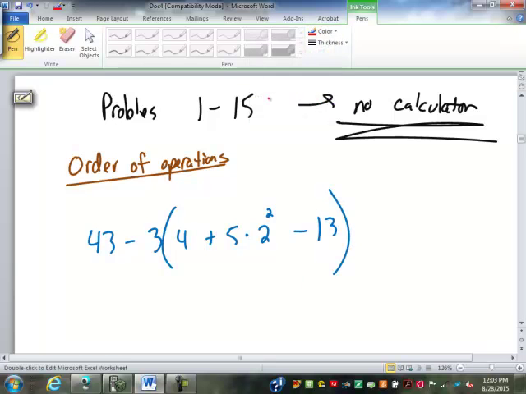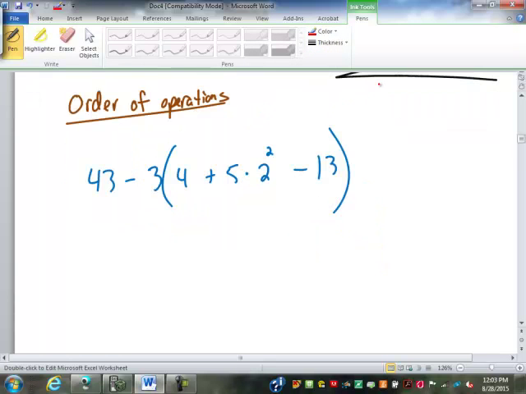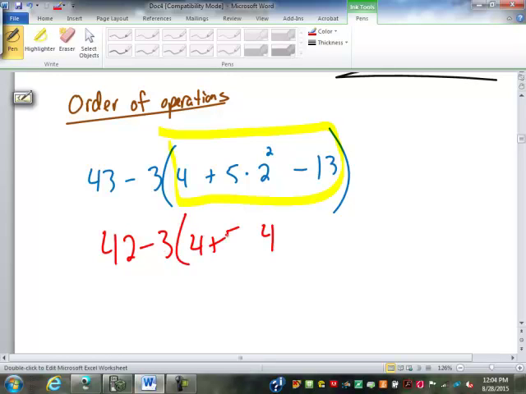How would we approach this problem? Do the parentheses first. Good. And in the parentheses, the first thing we need to do is exponent. 2 squared is 4. Nothing else changes. We replace the 2 squared with a 4. And there we go. Now what?